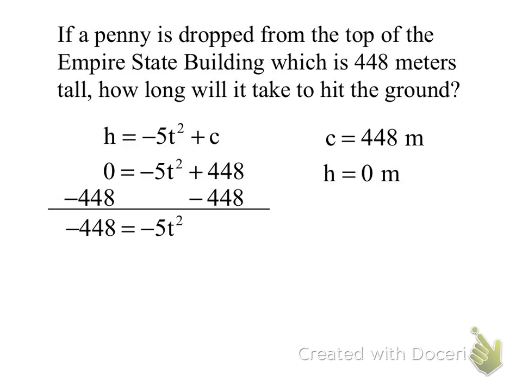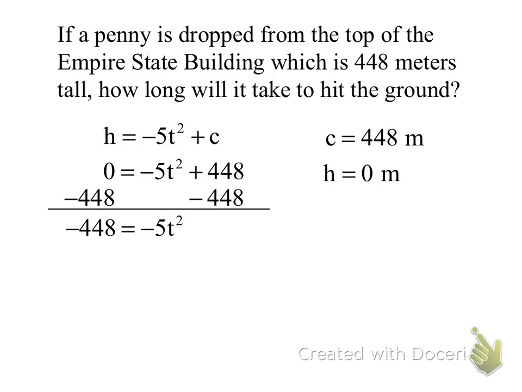Yes. Wouldn't you just add 5t squared so you wouldn't need to deal with the negatives? It doesn't matter. If we were factoring it, Neve, you're right. I might move it to everything to the other side, but we're not factoring it because there's no common factor between 5t squared and 448.